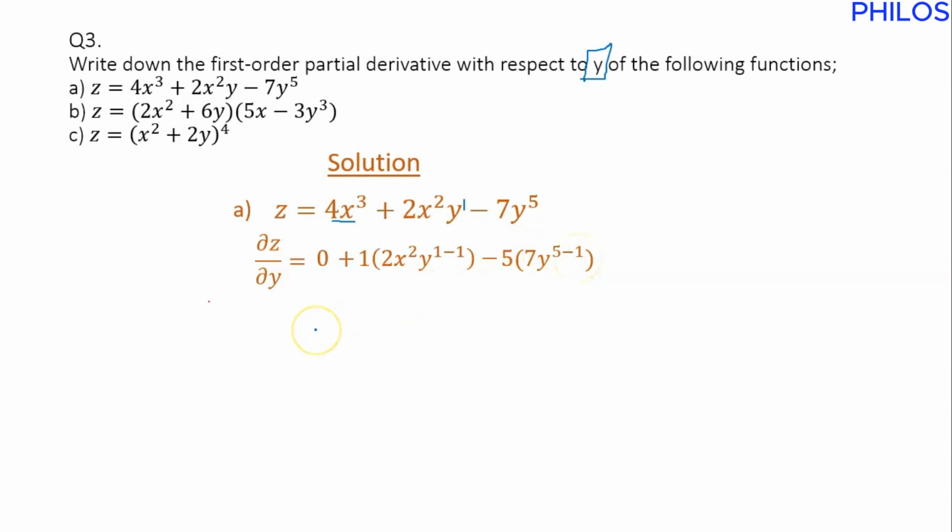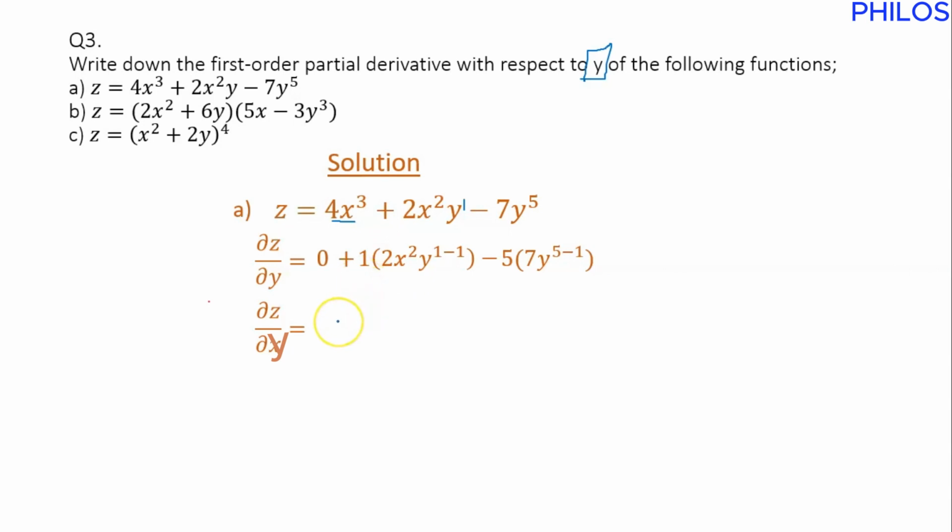Okay. So let's simplify this further. So partial z partial y will be equal to, there is no need writing the 0. So in the bracket, we have exponent of 1 minus 1, which will give you 0. And y exponent 0 will give you 1. So within the bracket, we should have 2 multiplying x squared multiplying 1. And that will give you 2x squared only. So multiply 2x squared by what is outside the bracket, which is 1.